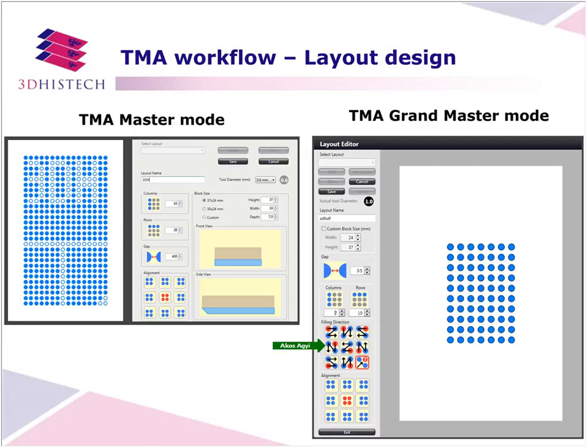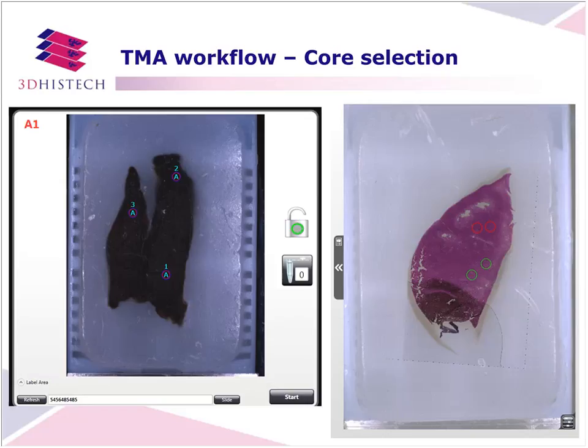After designing your TMA layout, you can proceed to core selection. Our tissue microarrayers can take images of the donor blocks. You can easily move your mouse over the donor block and select some areas for extraction.